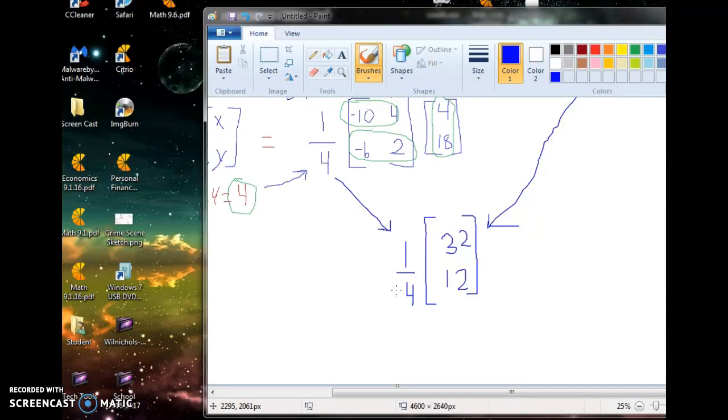For this, we're going to multiply this number here by both of these numbers separately. So we're going to do 1/4, which can also be written as 0.25, times 32, which is going to give you 8.